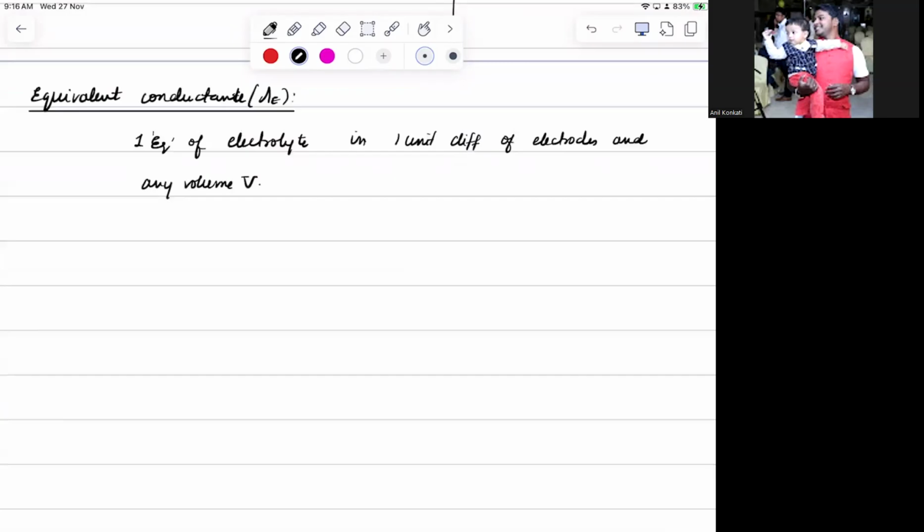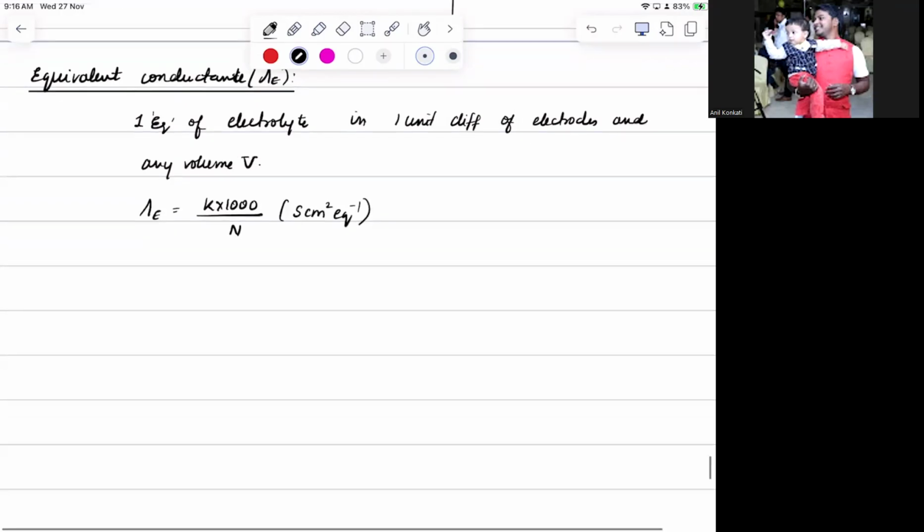Therefore, lambda E will be equal to kappa into 1000 divided by normality this time. And the units will be Siemens centimeter square and equivalent inverse. Just like mole inverse, it will be equivalent inverse. That is the main difference between these two.